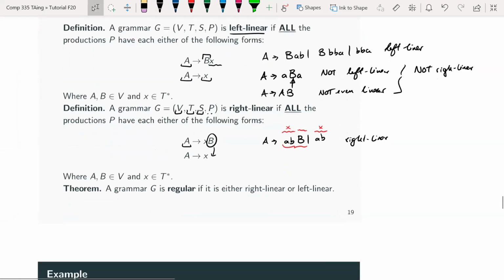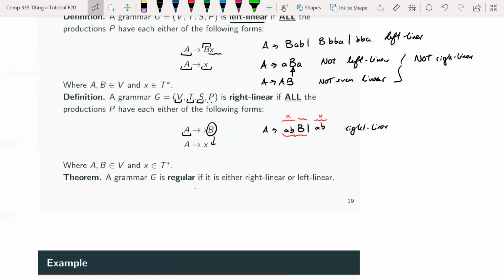And so finally, this allows us to give the definition of a regular grammar. A regular grammar G is a grammar that is either right linear or left linear. Notice this doesn't mean it's both, right?